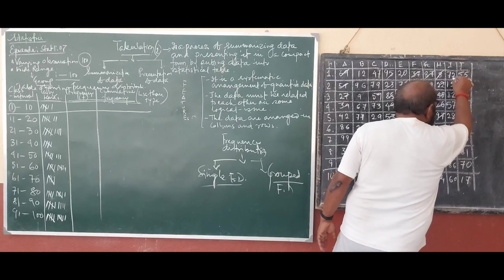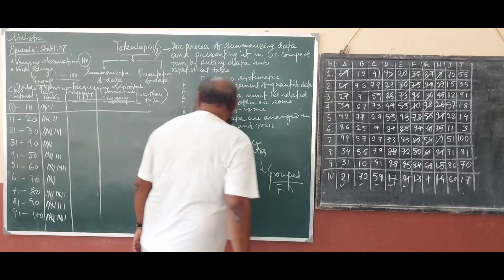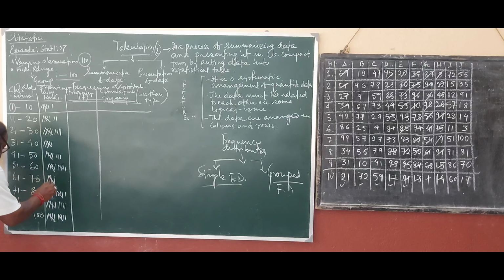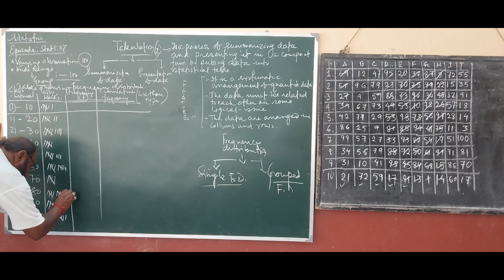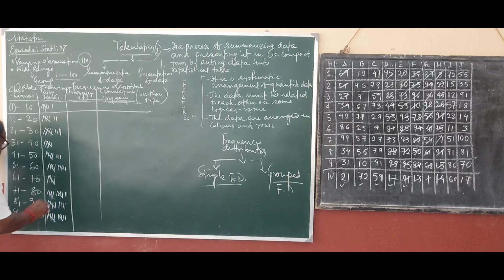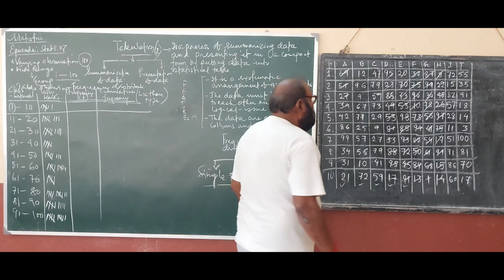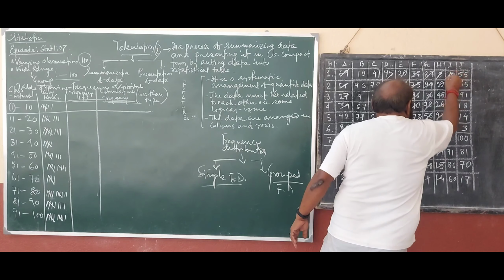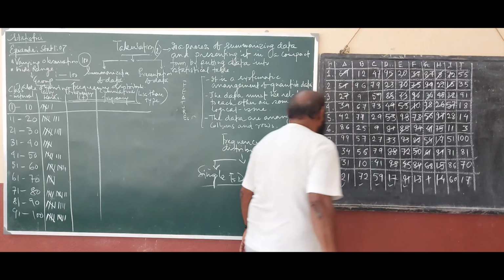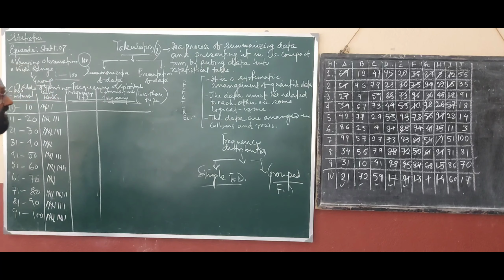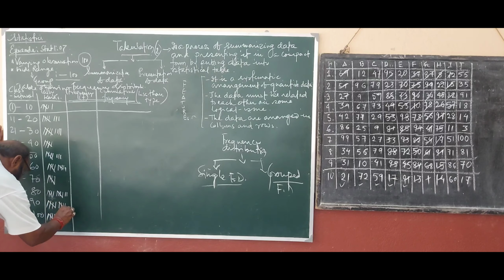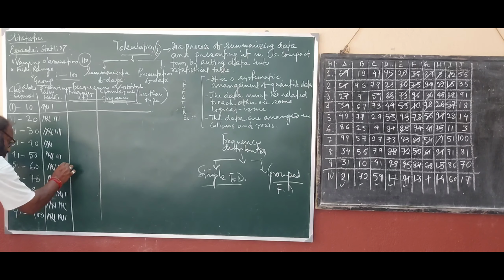Now these two only: 72, 15. 15 means here. 82, 57. 82 and 57.